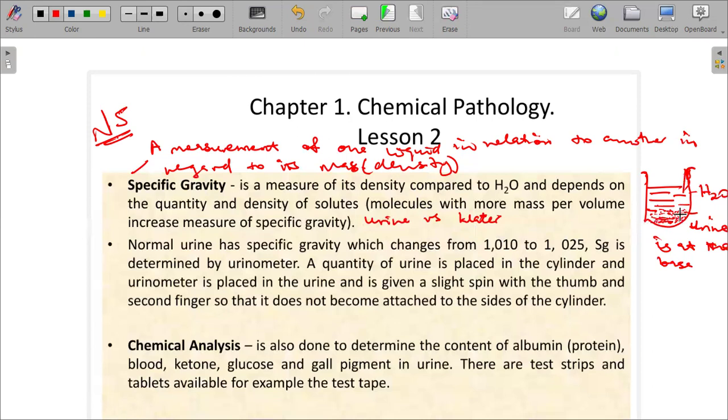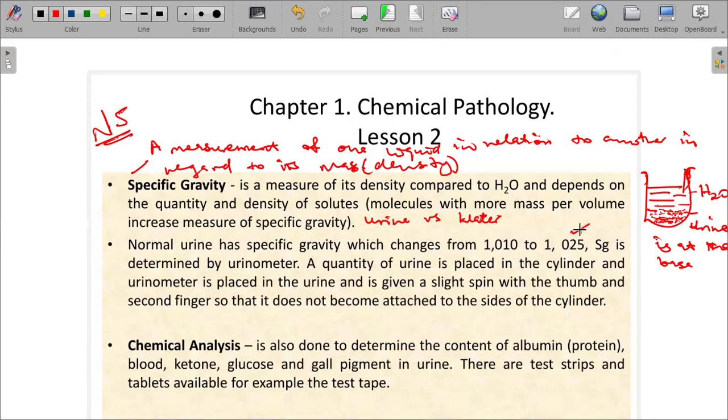As you can see here, the first part is water, and the underneath part is urine. When mixed together, we always see a division that marks the amount of water on top and the lower part which indicates the amount of urine underneath. Normal urine has a specific gravity ranging from 1010 to 1025.